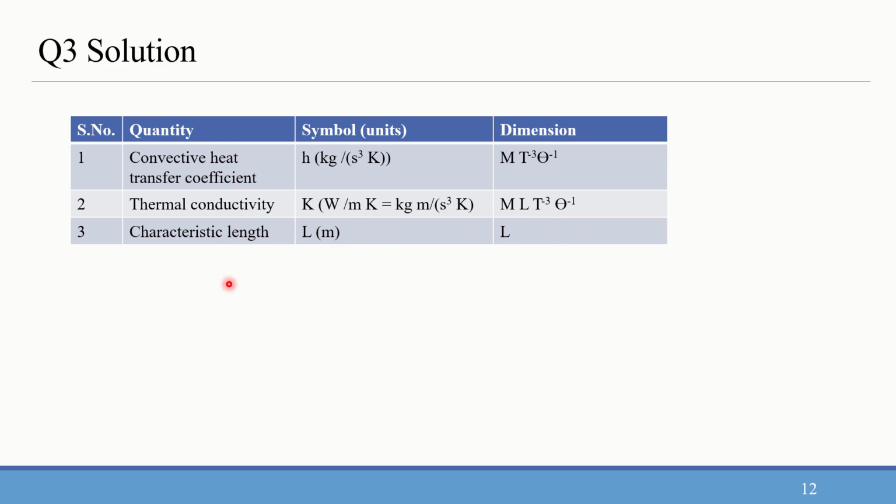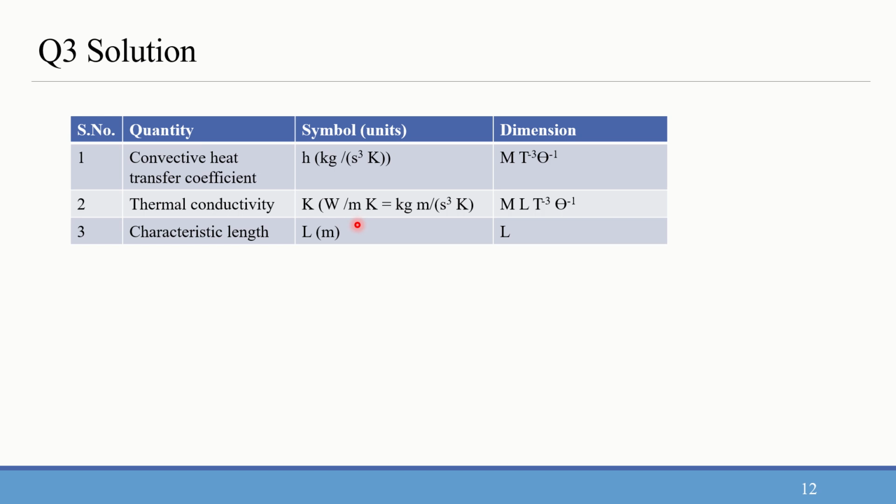I hope it is clear till now. So far we haven't done anything except write the dimensions of all the quantities involved in the question. What was given in the question? Nusselt number is equal to h power a, k power b, l power c.